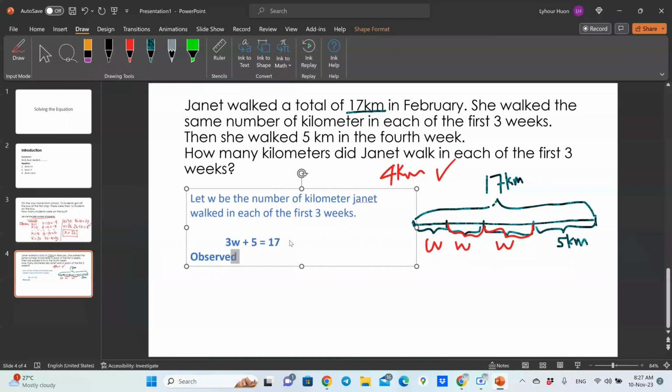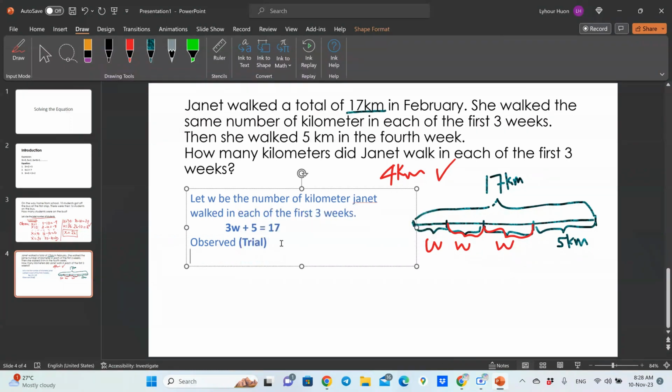The first method is observe, and the technical word is called trial.